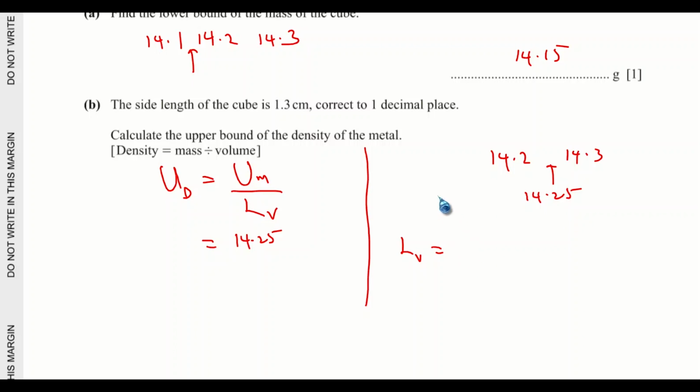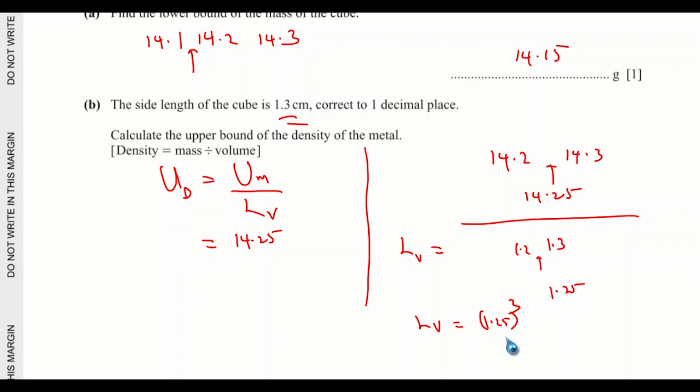Since it is correct to 1 decimal place, the lower bound of the length is, we have 1.3, the one before is 1.2, so the lower bound will be 1.25. So the lower bound of the volume will be equal to 1.25 cubed.